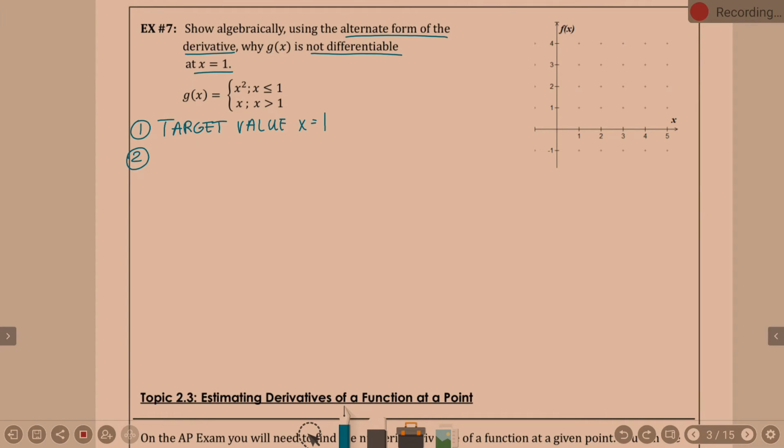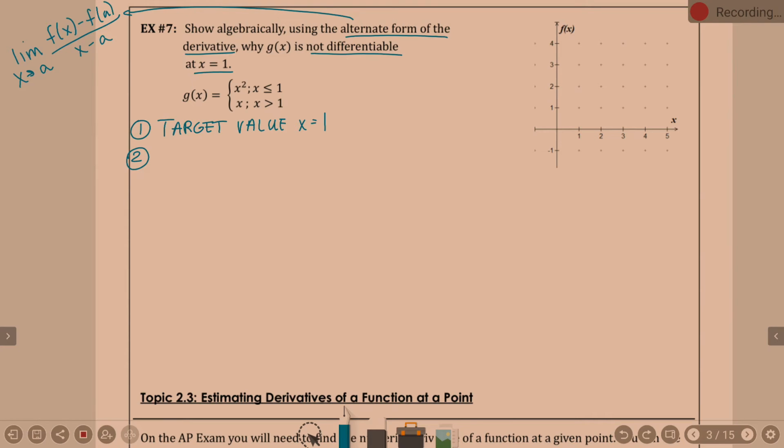This specifically says alternate form, you remember? I'll write it off to the side. The limit as x approaches a of f of x minus f of a over x minus a. Sound familiar? Flip back, it's a handful of pages back somewhere, right? But in case you needed the reminder, there it is.